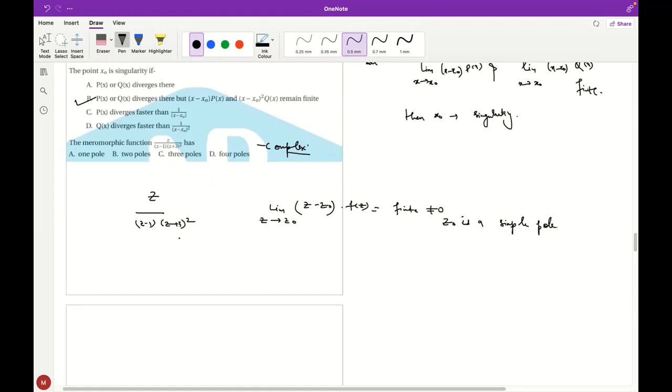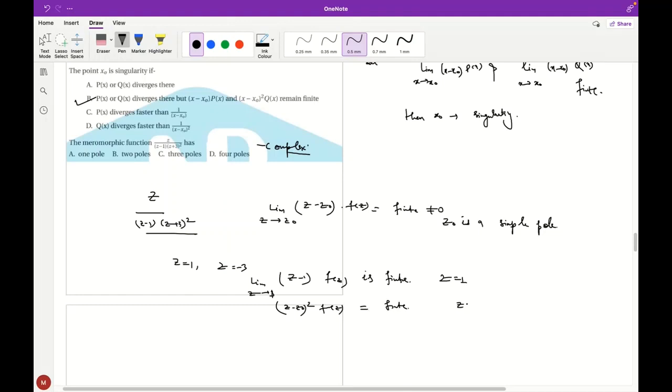So here we can see that putting the denominator equal to 0, z equal to 1 and z equal to minus 3 are the solutions of the denominator. So (z minus 1) f(z) with z tending to 1 is finite. So z equal to 1 will be a pole. Similarly, (z plus 3) square f(z) is again finite.